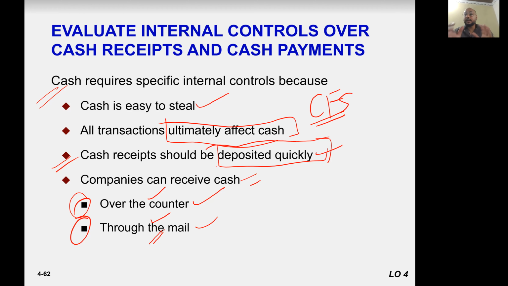The person who received the mail is not allowed to deposit. He can only hand over to the person who is allowed to deposit, so that you can minimize any potential fraud, the fraud triangle, whether it is motive, whether it is realization. All right.